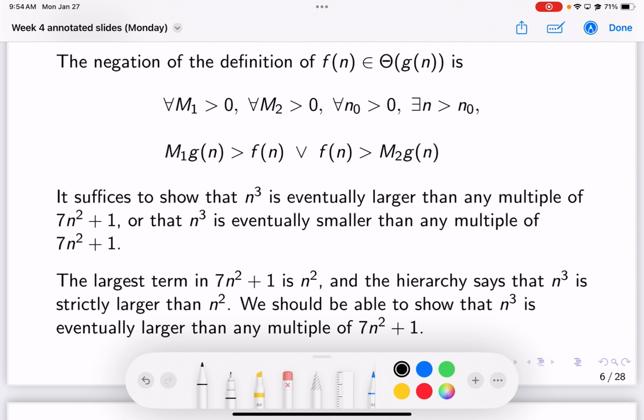The text on the bottom of this slide sort of sums up what I was saying. We can show that n cubed is eventually larger or smaller than 7n squared plus 1. We know intuitively by the hierarchy that n cubed is strictly larger. So we're going to focus on finding an n that makes the greater than inequality true.